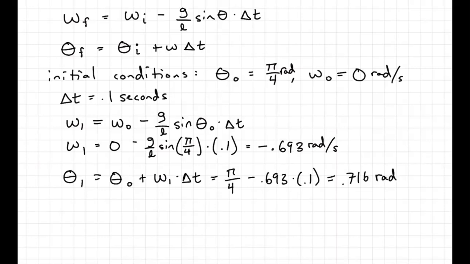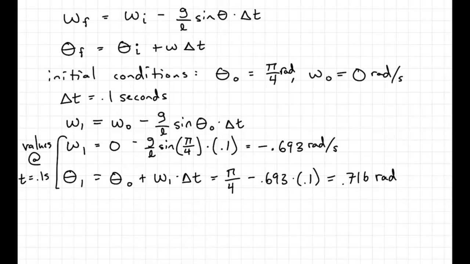Okay, so now these are the values at time equals 0.1 seconds. Our initial values were the values at time equals 0 seconds. So if I do this again, I should get the values at time equals 0.2 seconds.